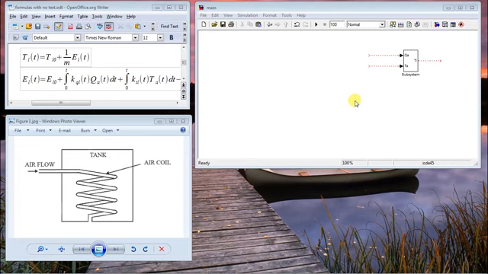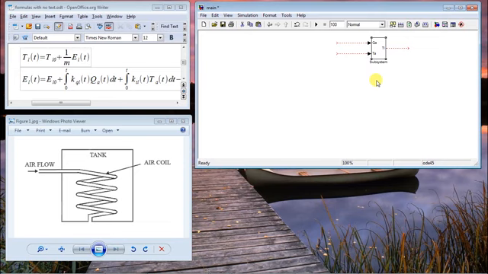Let's build a PI controller. I'm going to leave this system here as it is, so we can compare it with the control system. So this will be the uncontrolled system.